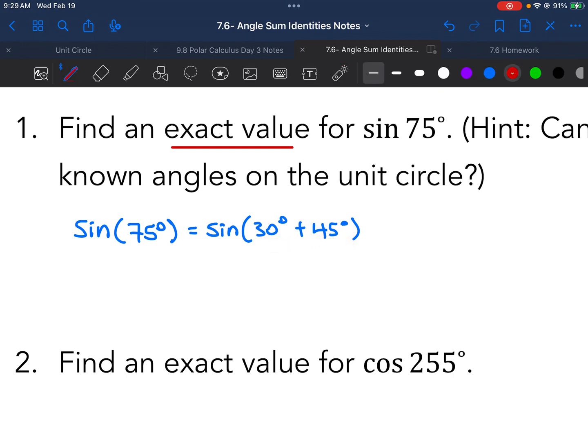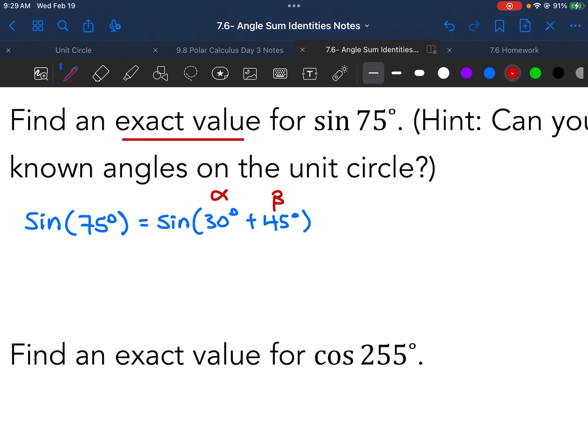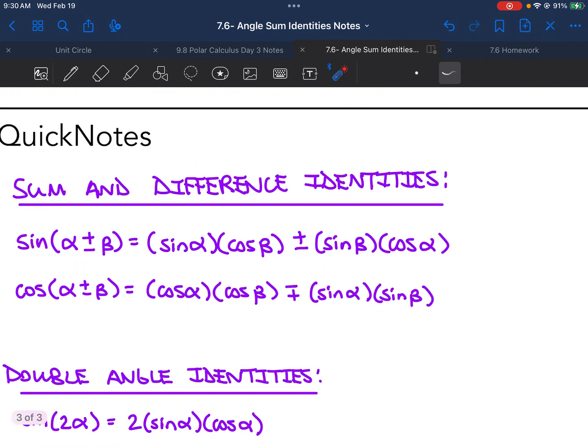The first angle we're going to call alpha, so 30 degrees is alpha. The second angle we're going to call beta, so 45 degrees is beta. And now all we have to do is follow the formula that we wrote down above. Sine of alpha plus beta is going to be sine of alpha times cosine of beta plus sine of beta times cosine of alpha.